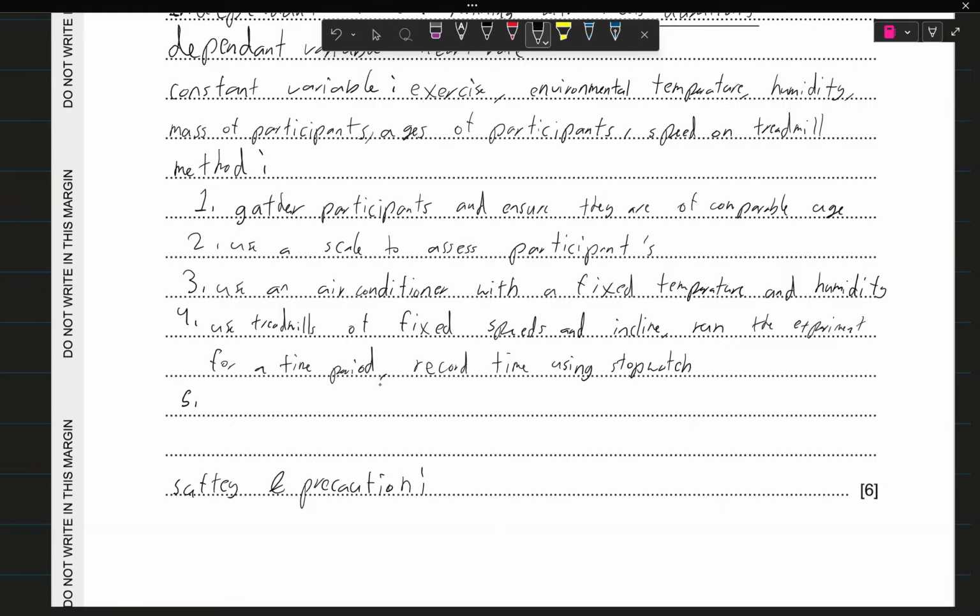So run the same experiment for the same duration at least 3 times, and then take the mean. This is to ensure that any random error would be eliminated. Not eliminated, but at least reduced. So run the experiment at least 3 times, and take the mean.